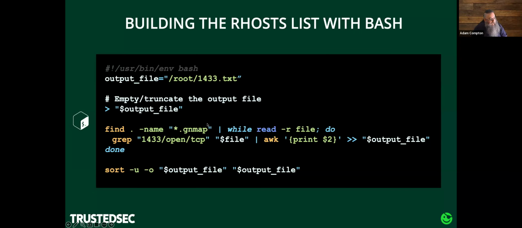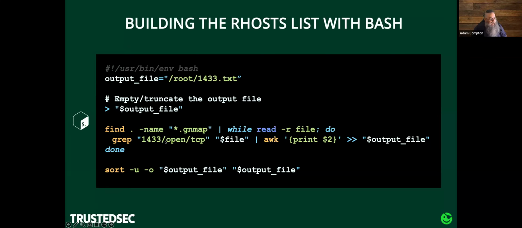In this case, I'm reading it in. I'm doing while read file do, and grepping for the line 1433 open tcp out of whatever file is fed over here, because that is going to be a file name. For each file name that gets sent this way, it's filled in here.